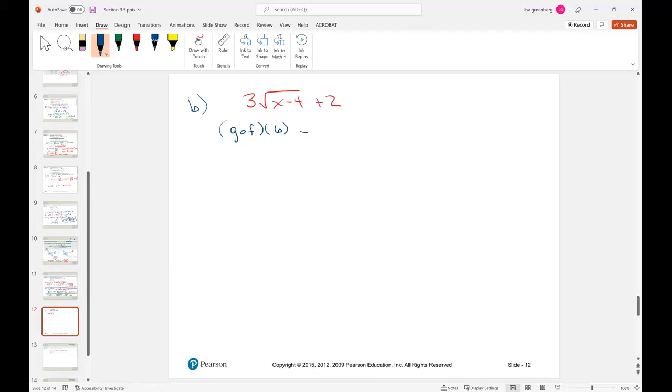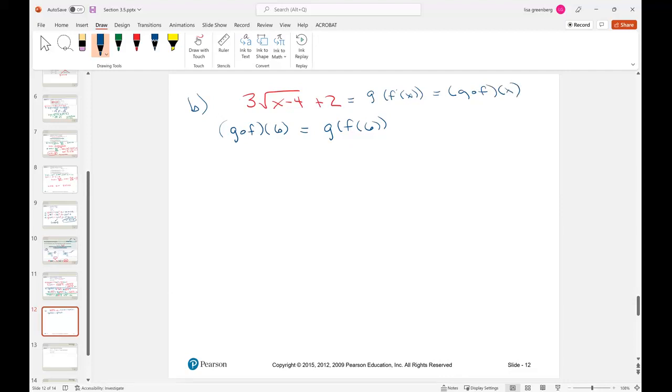Well, that's equal to g of f of 6, okay? Again, we can evaluate using just x's: this was g of f of x, which is the same as g composed with f of x.